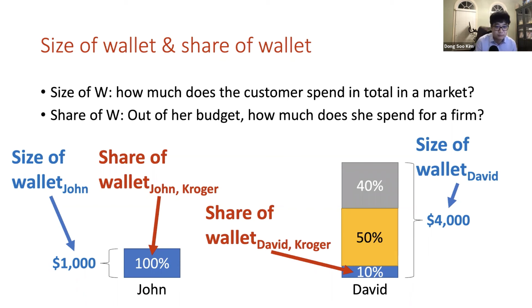In this example, John's size of wallet is $1,000 and David's size of wallet is $4,000. But John's share of wallet for Kroger is 100%, whereas David's share of wallet for Kroger is only 10%. This huge difference in the share of wallet made John become more attractive than David, although he has a smaller budget than David.